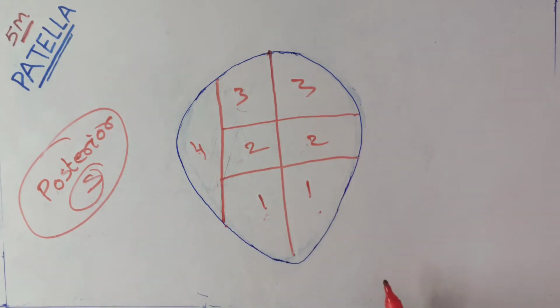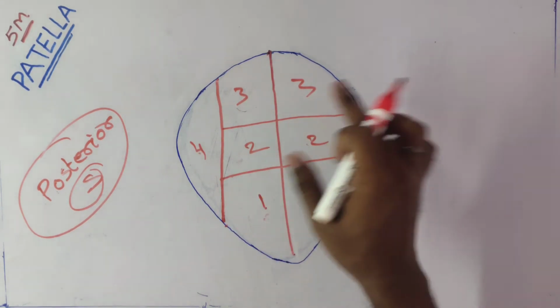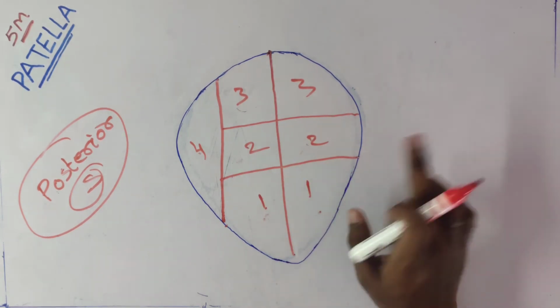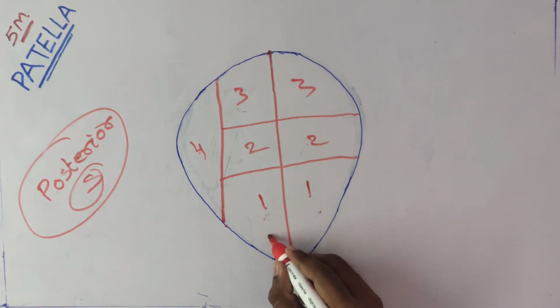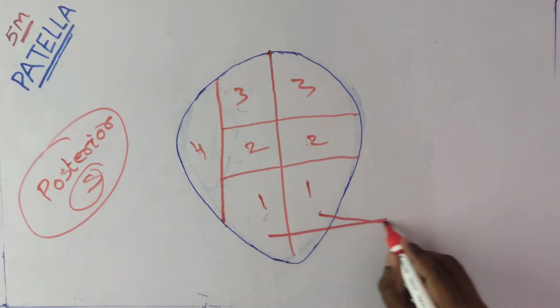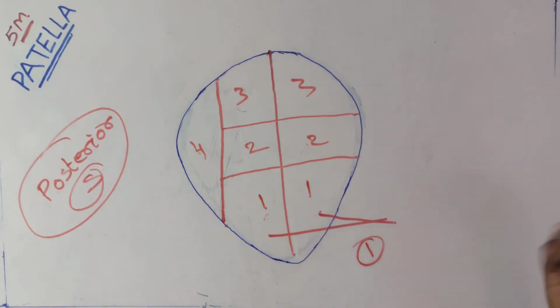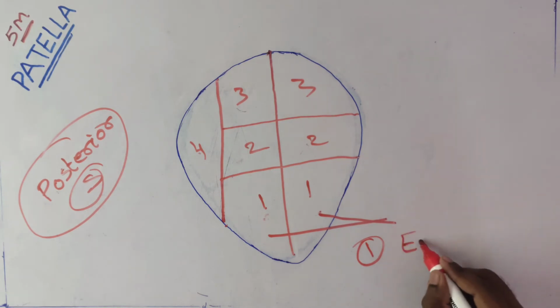During the various phases of movements, the knee joint articulates the patella in different forms with the femur bone. The lower pair, pair 1, articulates with the femur during extension.